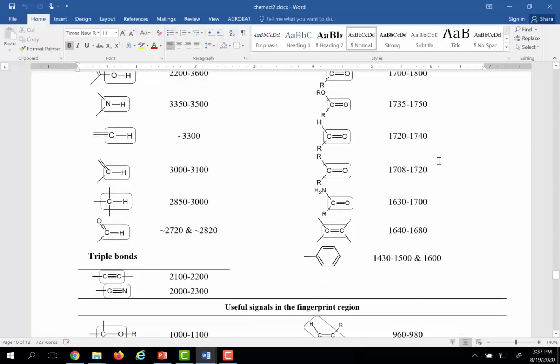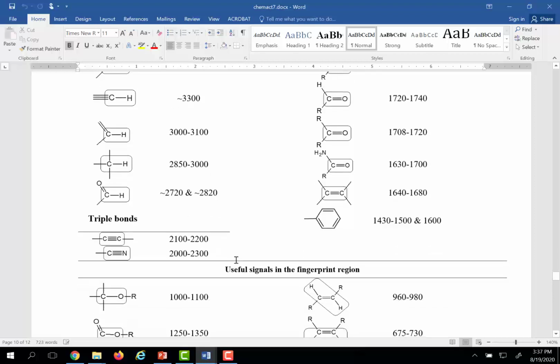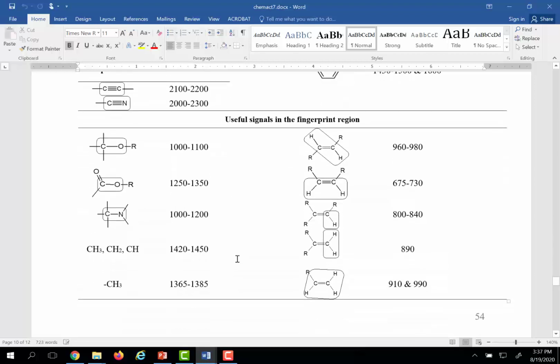It is also worth pointing out that here are those triple bond signals that we already anticipated will be above the 2000s, and then some useful signals that are found in the fingerprint region. Again, often we don't try to interpret every signal that's in the fingerprint region, but sometimes it will be helpful to try to pick them out. This is especially true for some carbon-oxygen bonds.